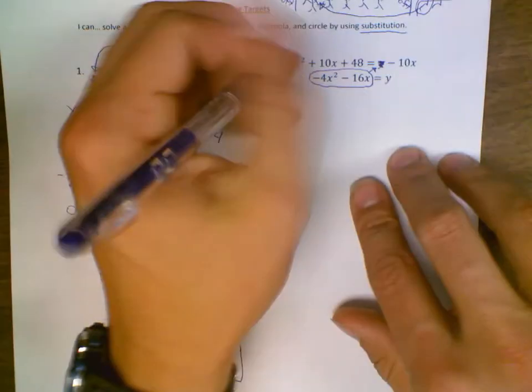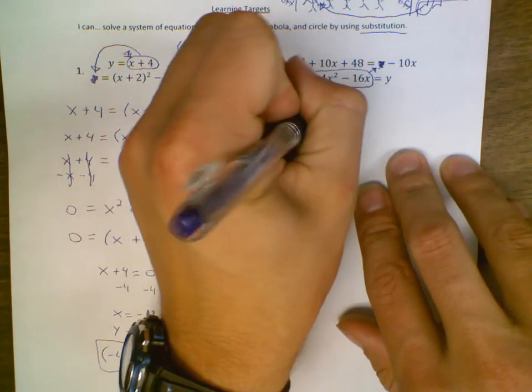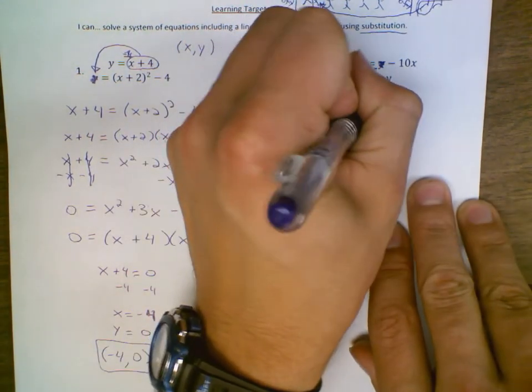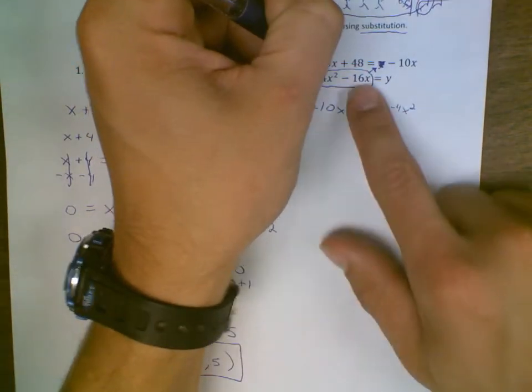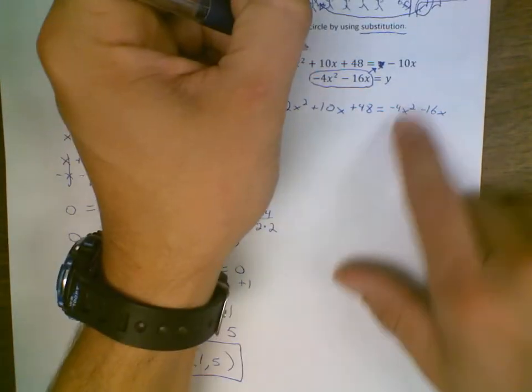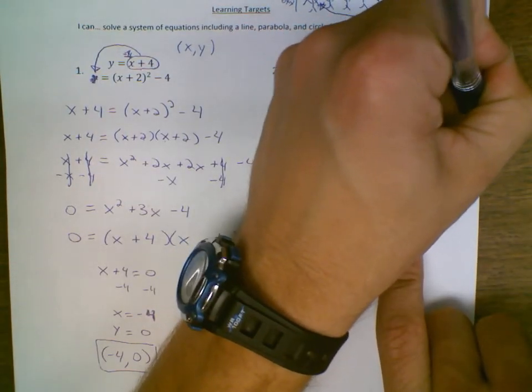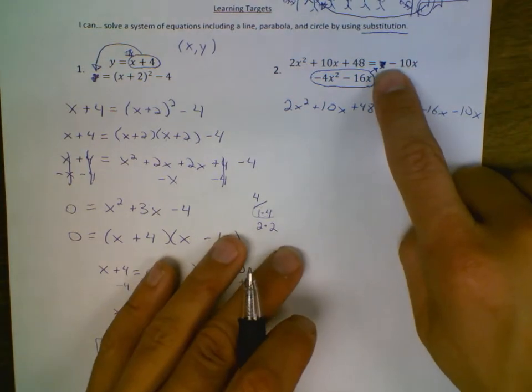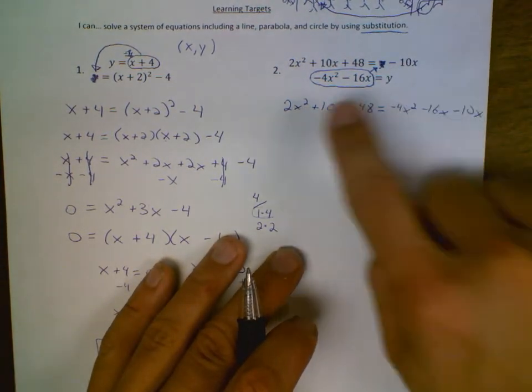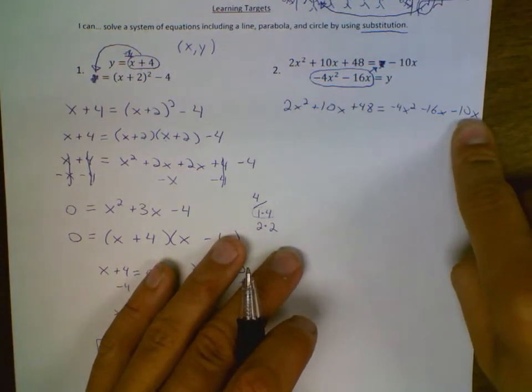So I get 2x squared plus 10x plus 48 equals -4x squared minus 16x minus 10x. Once again, you'll notice when I do that substitution, I'm doing that to eliminate the y's. I should not have any y's left in the equation.